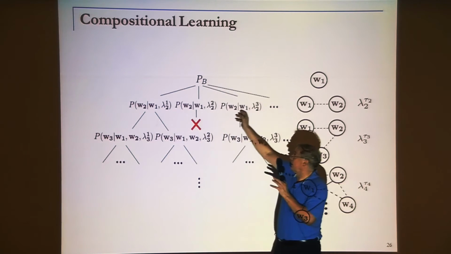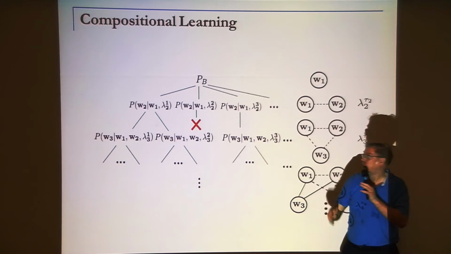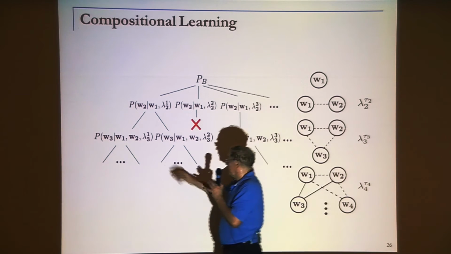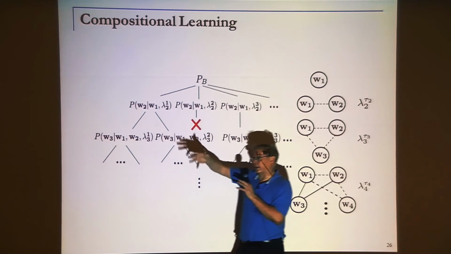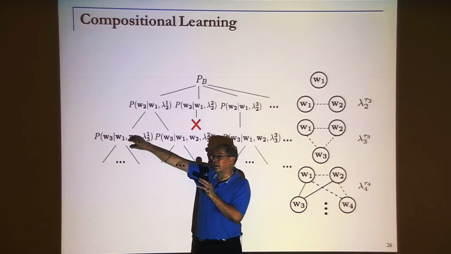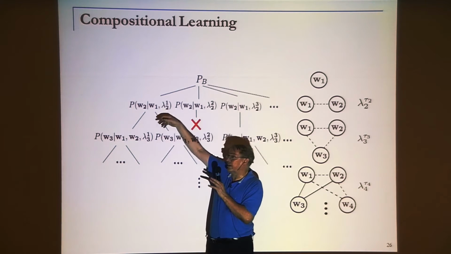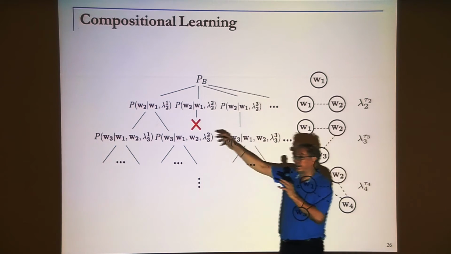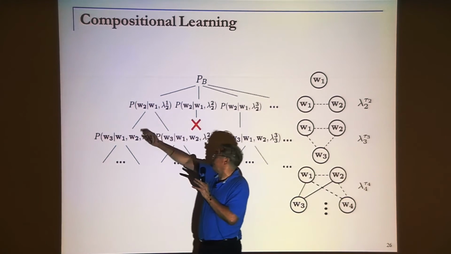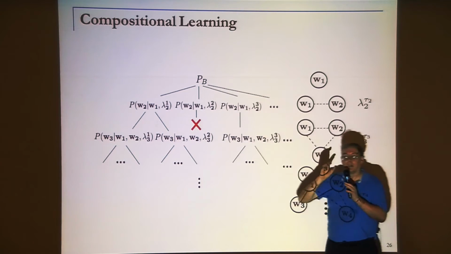The ones that survive, that are better, you keep around, and then you try to grow them. You grow them by adding a third point, and again evaluating whether this model, plus explaining everything else with the background model, is a better encoder than its parent model. So these models just have to do better than their parents. They don't have to do better than their siblings, which would be considered too greedy.